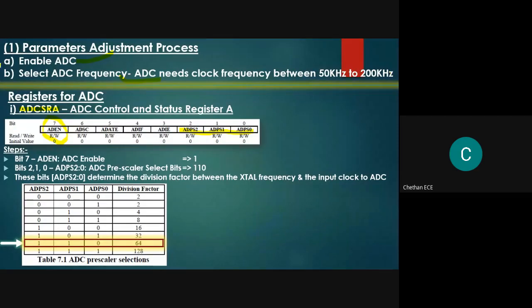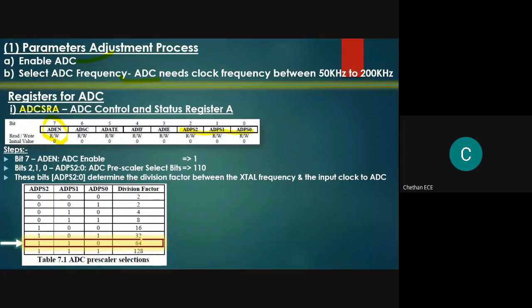Okay? Core frequency is 7.3 megahertz and ADC frequency is 50 kilohertz, which is comparatively low compared to the frequency of our microcontroller. Therefore, we have to divide it by some prescaler value.